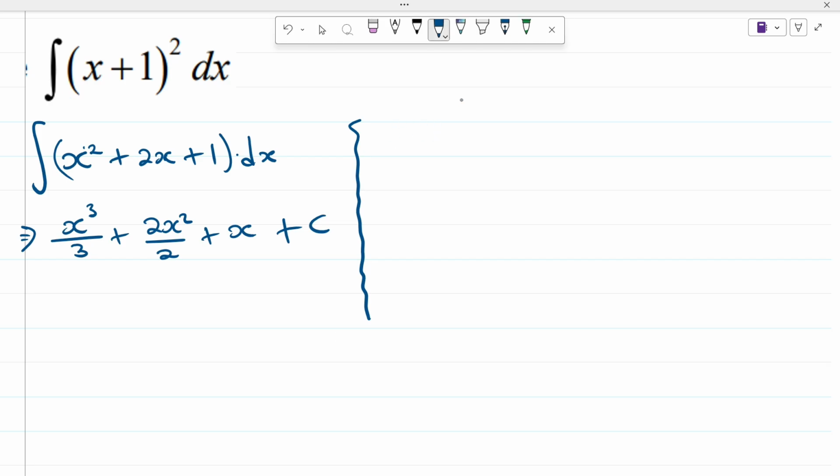And if we go about it, then our answer is just going to be x plus 1, which is our original function, raised to 2 plus 1, that's our 3, divided by 3, and then plus c, just like that.